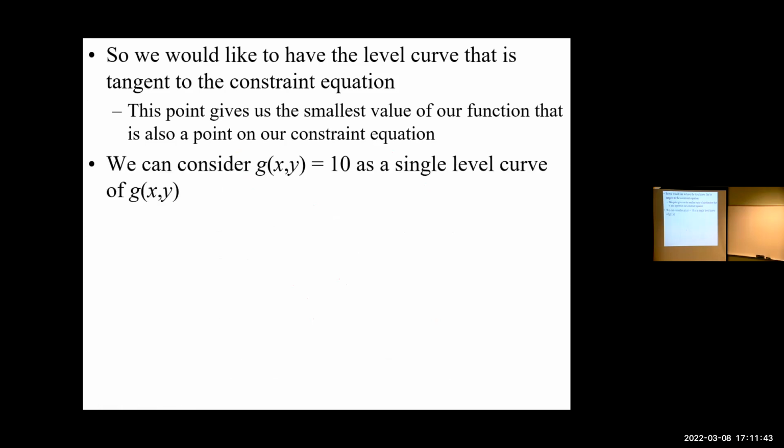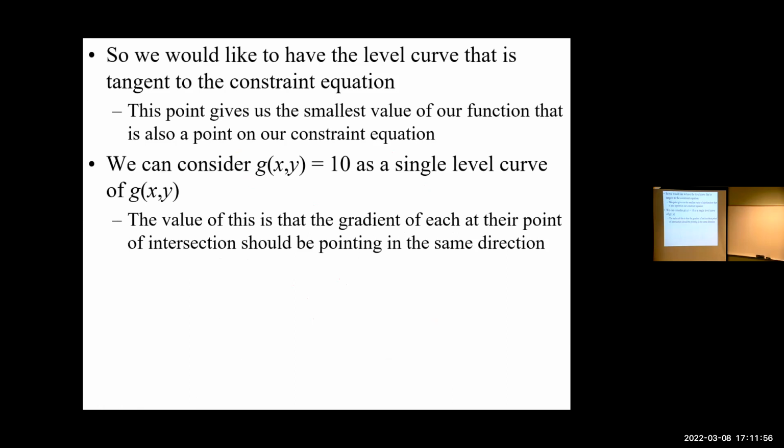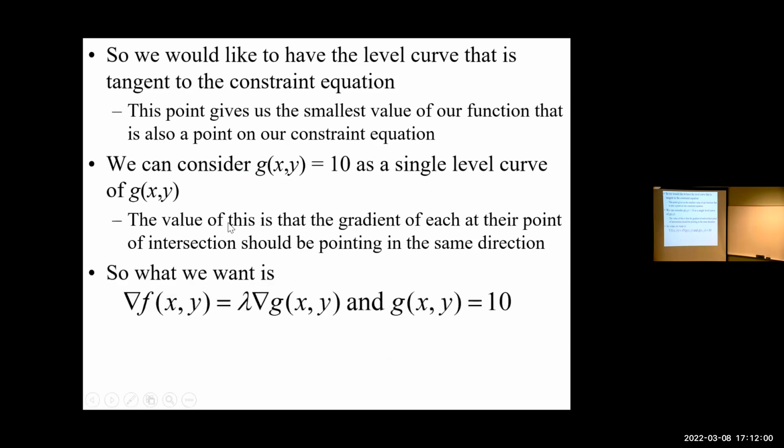So basically what we're looking at is our constraint equation equals 10 as a single level curve of that g of xy. That g of xy is our constraint. So what we're going to be doing is actually matching up gradients. Again, we only need them parallel. And that's where this guy here, you guys saw it in the videos, called lambda comes in. We don't need the gradients to be equal, we just need them to be parallel.